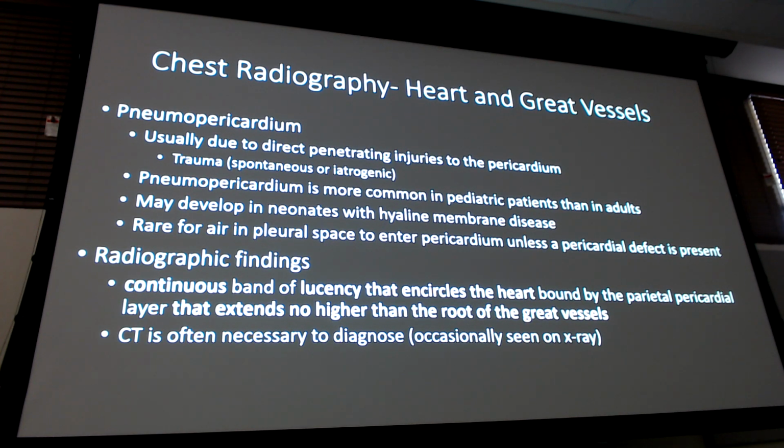So typically pneumothorax does not lead to pneumopericardium unless there's a pericardial injury, because that's a sac that contains the heart. Just because there's air in the pleural space, there's a pneumothorax, there's really no way for that air to get into that pericardium unless there is damage or a hole in that pericardium to allow it to go in. However, you can go the other way and start with pneumopericardium and then be concerned for a pneumothorax.